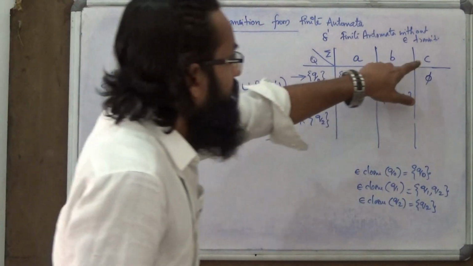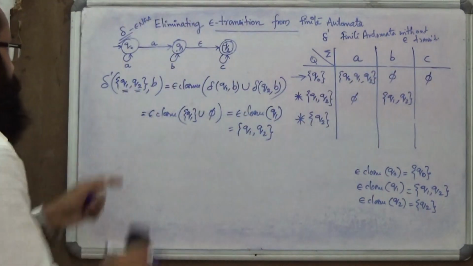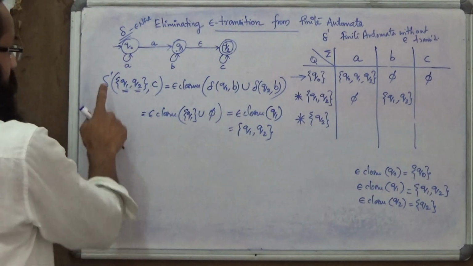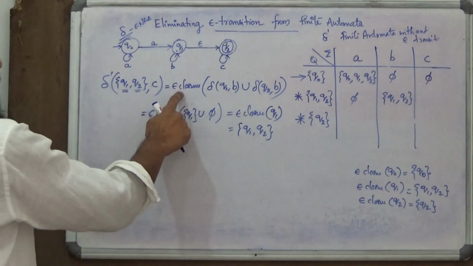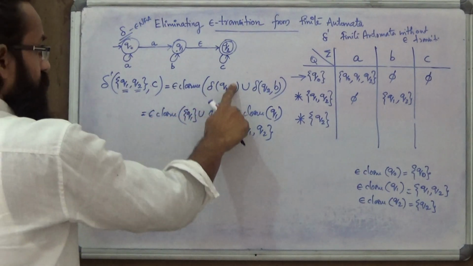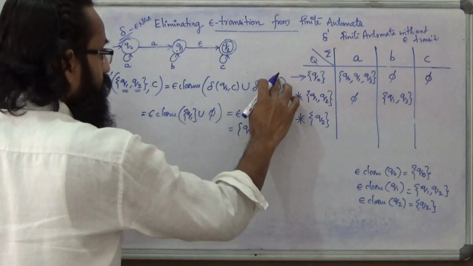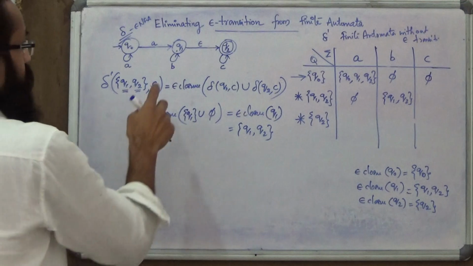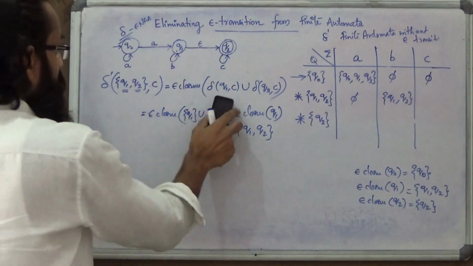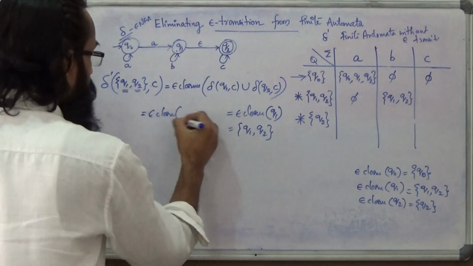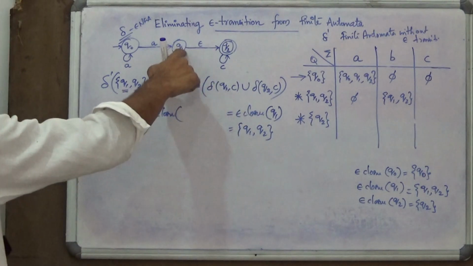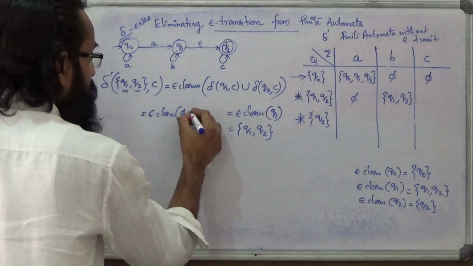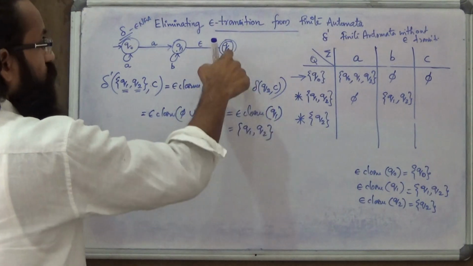Similarly, apply C transition to this state. So delta dash Q1 Q2 C will be equal to epsilon closure of delta Q1 C union delta Q2 C. To state Q1, if we apply input C, there does not exist any C transition, so that will be null set. What about delta Q2 C?